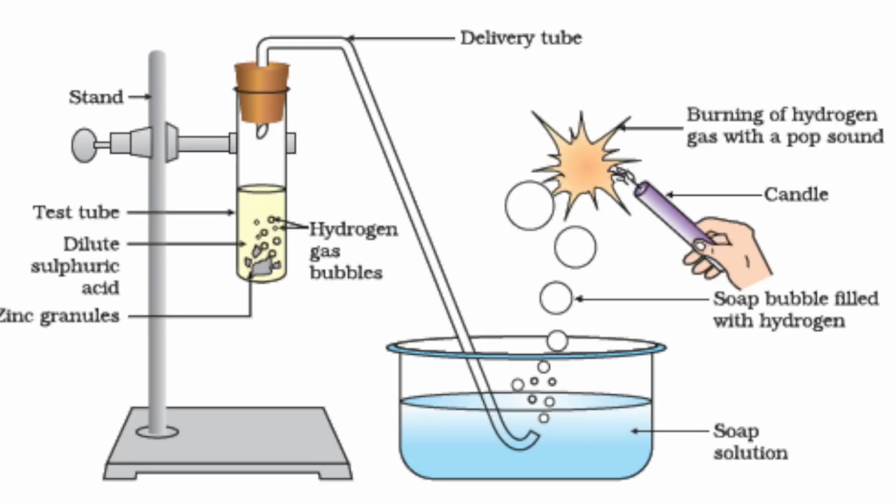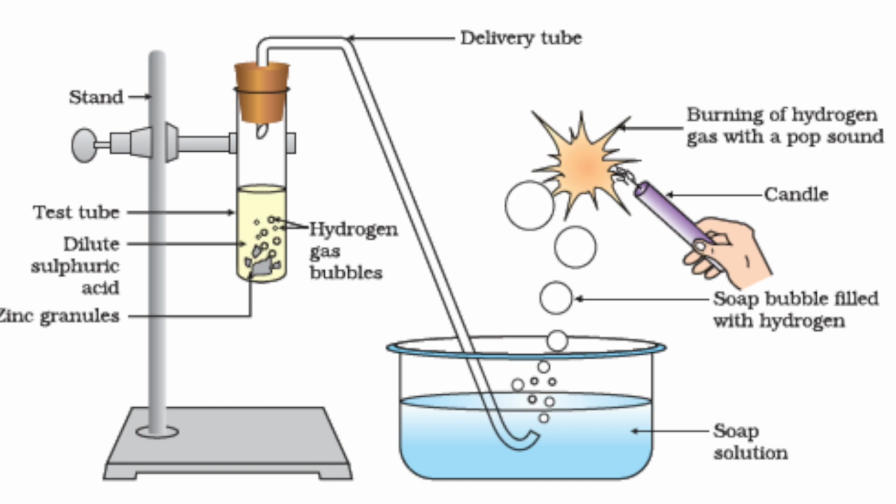Where you will see a test tube, zinc granules will be there, and HCl will be there, and whatever hydrogen gas is evolving is allowed to pass into another container where we put a little soap solution. Bubbles come out, and we bring a matchstick here, and a pop sound comes.